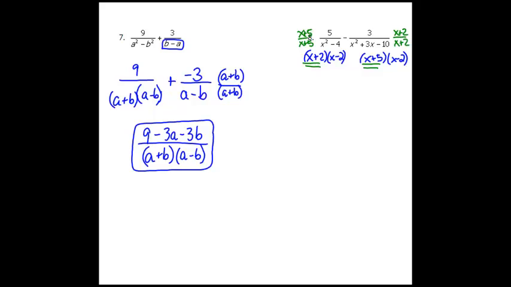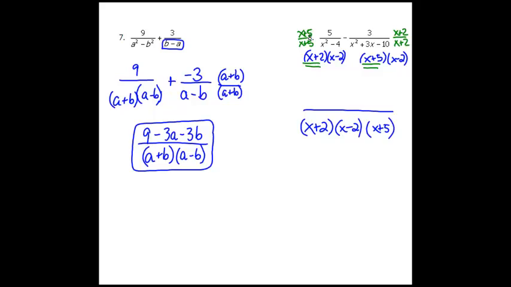That's going to be a very big denominator. It's going to be the product of 3 binomials. But we really don't care about that, quite honestly, because we're just going to leave them in parentheses, and it's just going to look big and ugly. It's going to look like x plus 2 times x minus 2 times x plus 5.